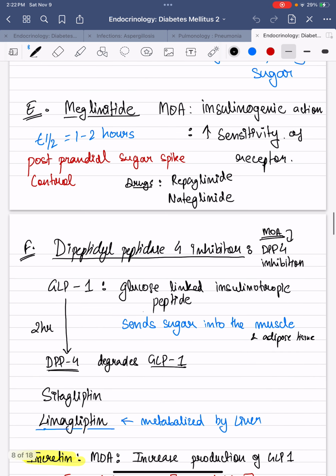And the drugs in this class end with glinide, so repaglinide and nateglinide. If you work in the clinical setting or are doing an internship, you'll see many patients using repaglinide as a regular medication, and repaglinide is a meglitinide, and it is also used for the postprandial sugar spike control.